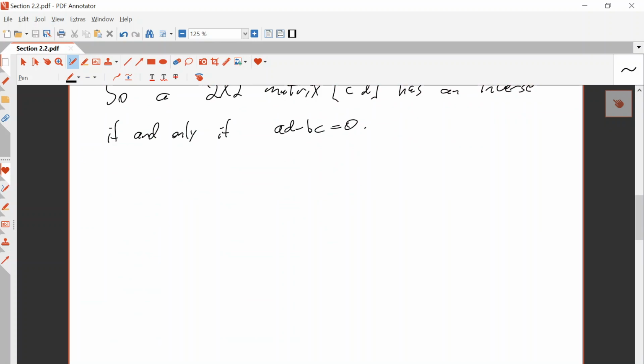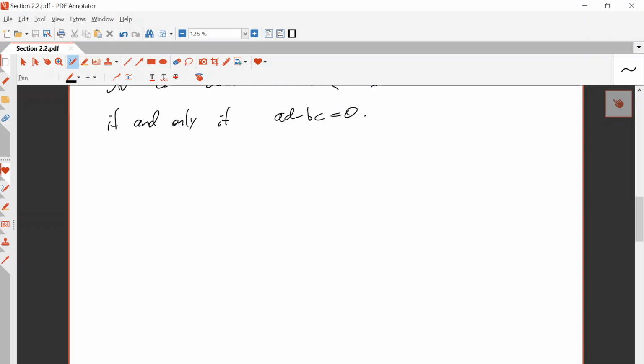Okay. More generally, when does an inverse matrix exist? It's not in terms of, in a different sense.